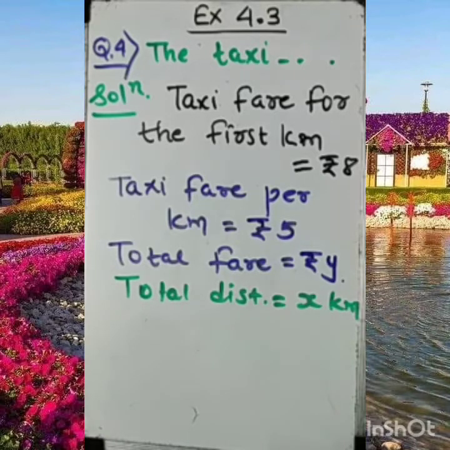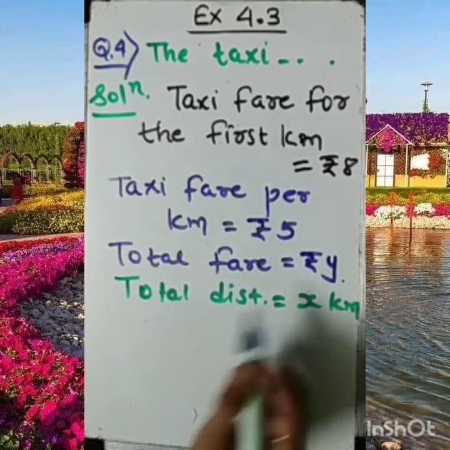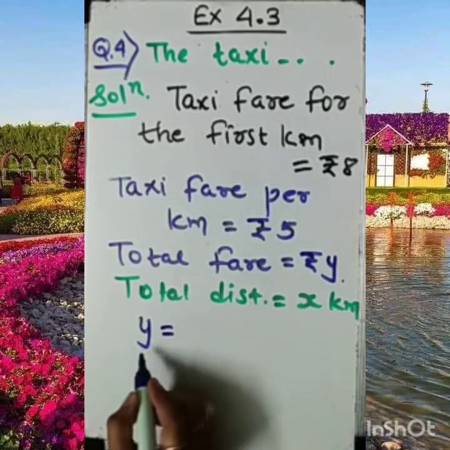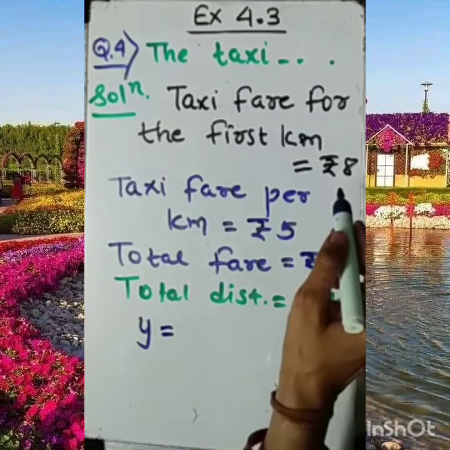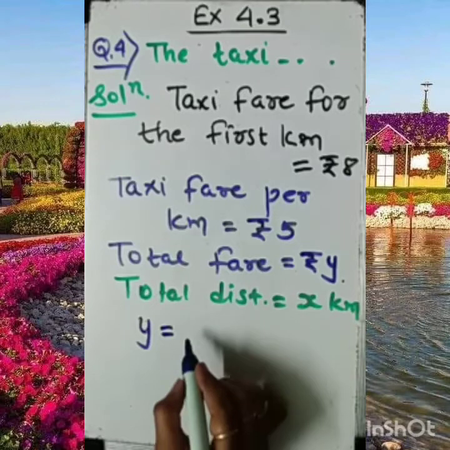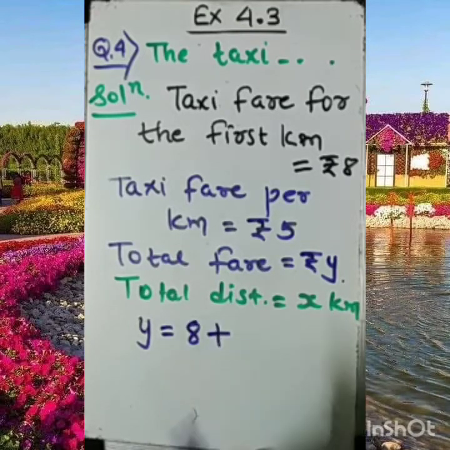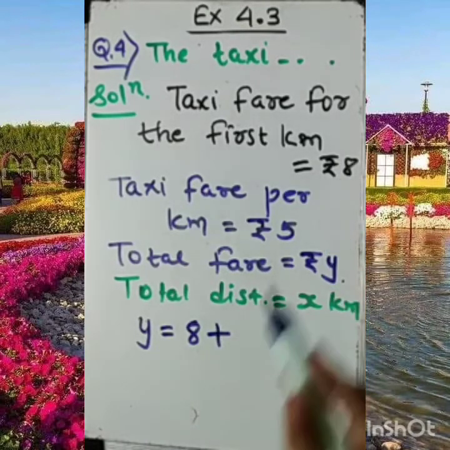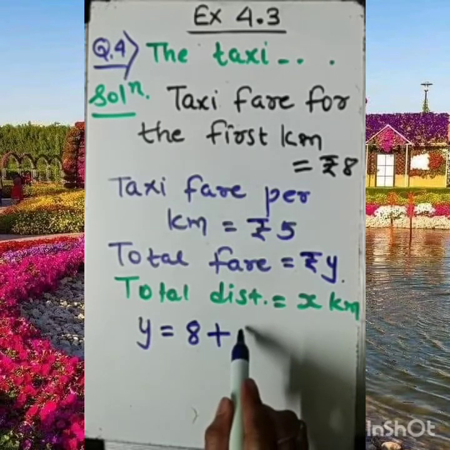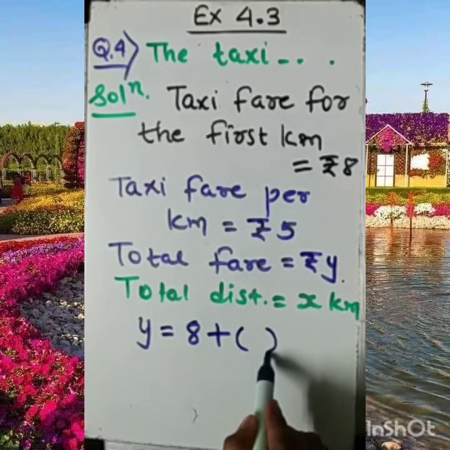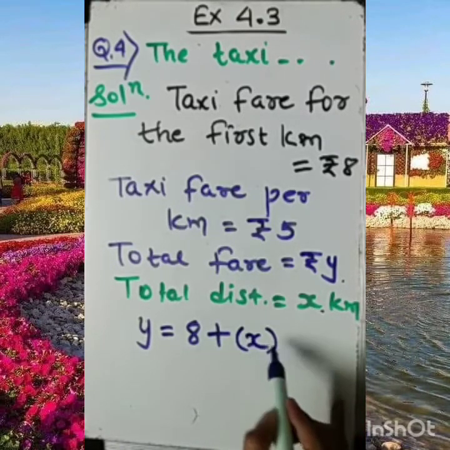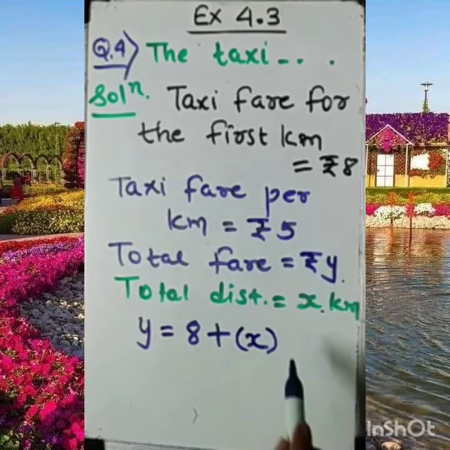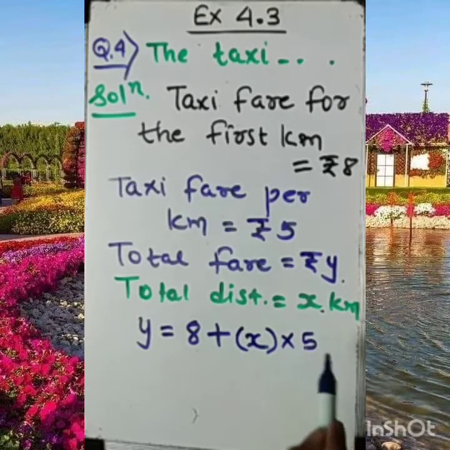Got it? Now dear student, how to form the linear equation? y indicates total fare, so I need to write y here. What is the constant which we have to pay all the time as taxi fare? That is rupees 8, the fixed charge. And if we multiply the total distance by 5, because for each and every kilometer we have to pay 5 rupees.